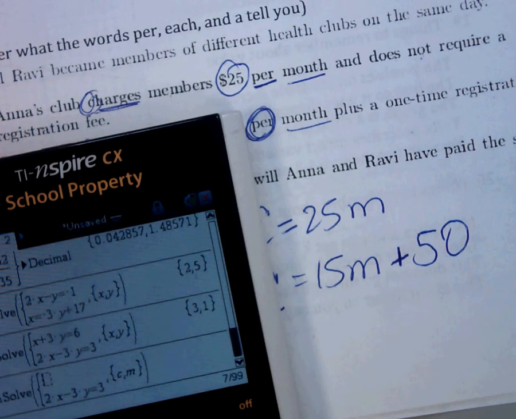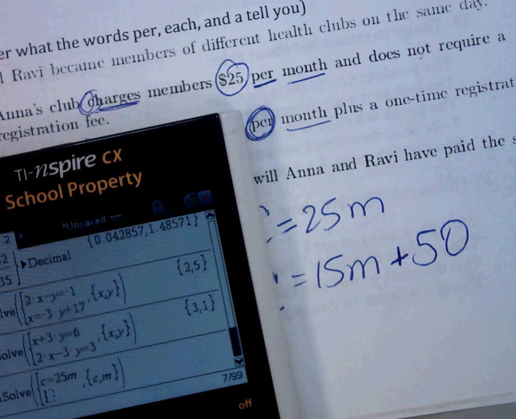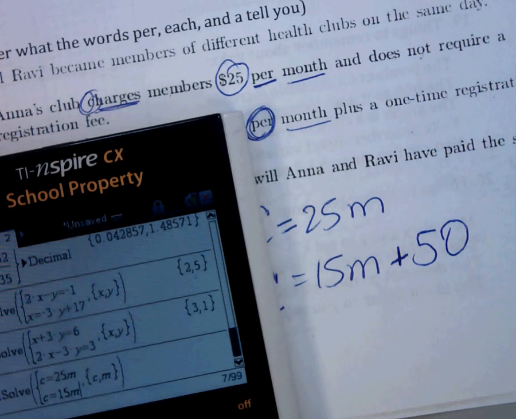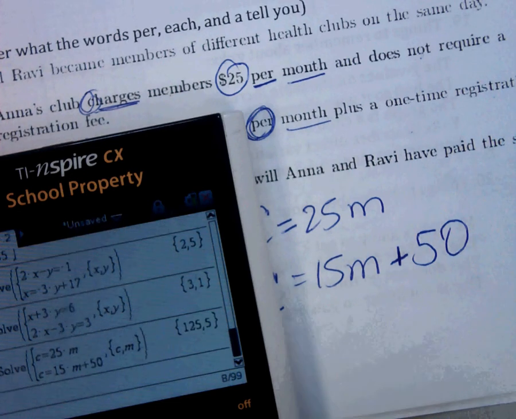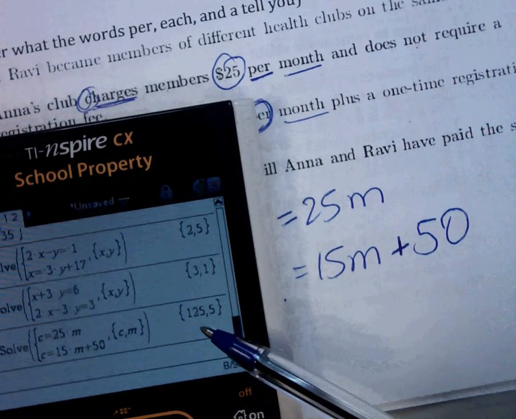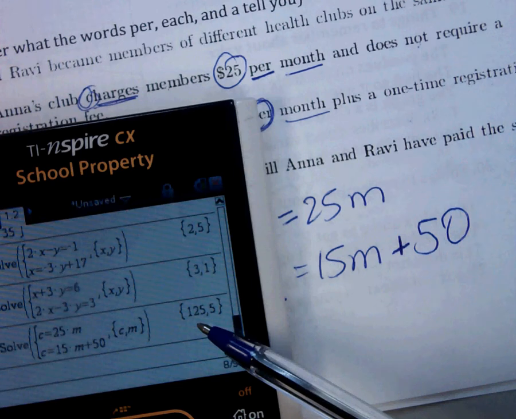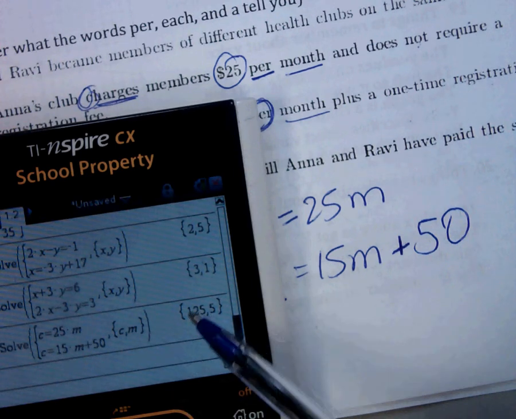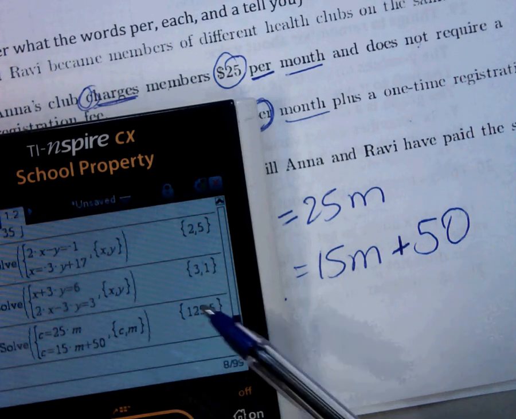This should be C equals 25M. This will be C equals 15M plus 50. Enter. They will have the same amount of money, $125, in 5 months.